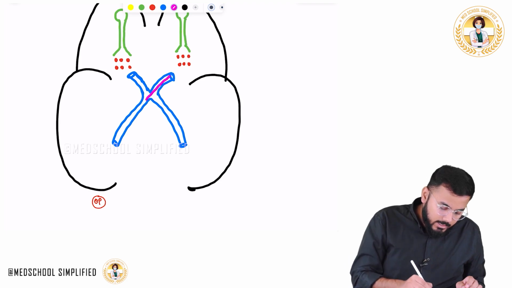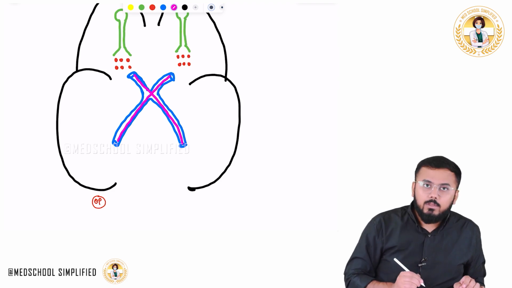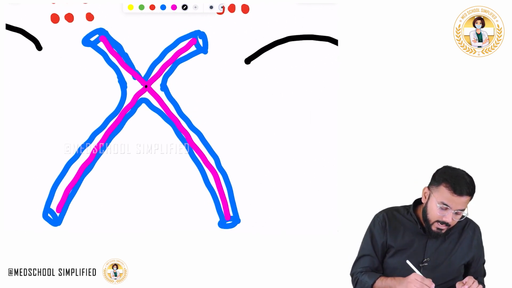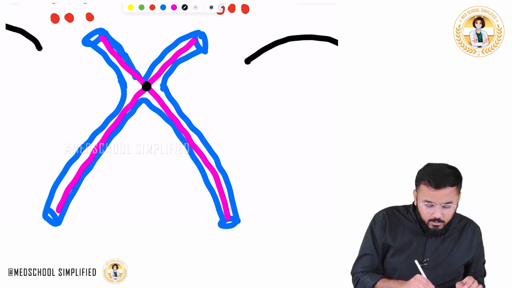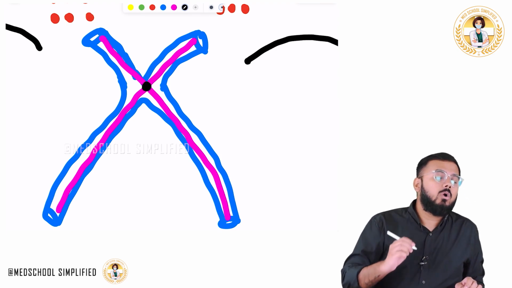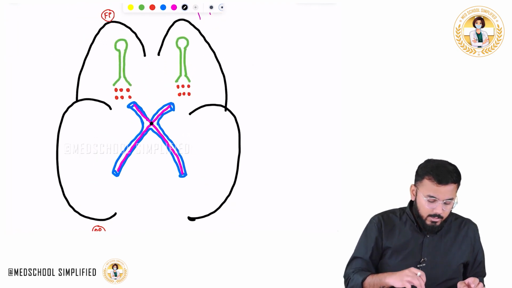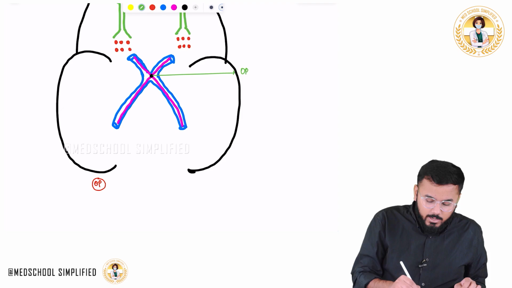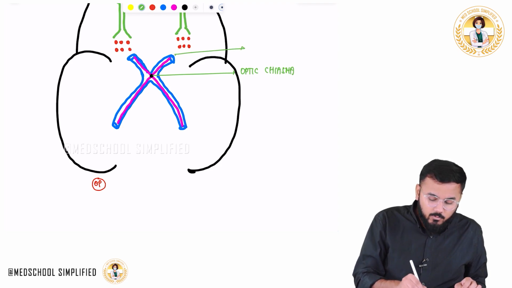The right side is crossing onto the left, the left side is crossing onto the right, right? And this center point where they are crossing is called the optic chiasma. So what is this structure called? This structure is called the optic chiasma. And in front of the optic chiasma, what is this? This is called the optic nerve.